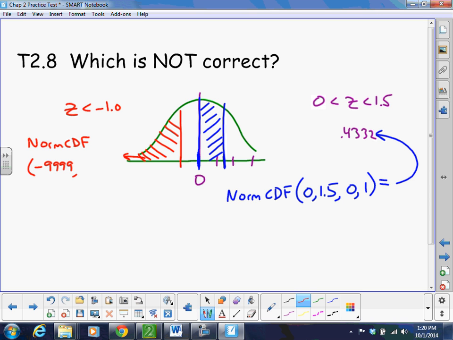We'll keep going up to -1 and then 0, 1. And that one I think actually gives you the 0.1587. So B was correct, C was correct. You just had to go through them all. And the one that was not correct was E. So the correct answer is E. It was close to the 0.9938, but it just wasn't exactly the same.